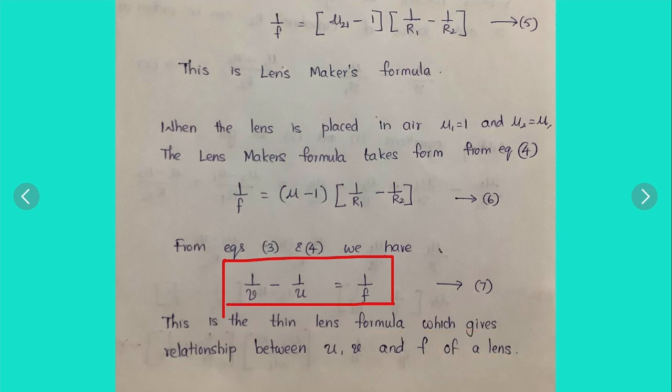So what we have done, we have derived the expression for the lens maker's formula. We also have derived the expression for the thin lens formula. This video is really very important, make use of it for the numericals.